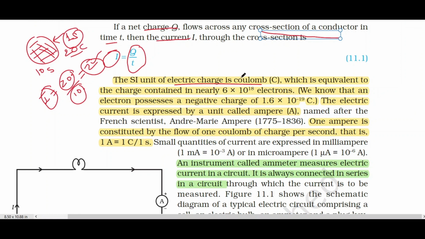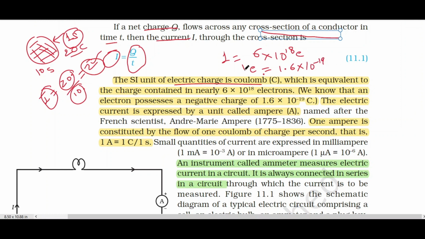तो ये जो कूलम है, what is 1 coulomb equal to? It is equal to the charge of 6 into 10 to the power of 18 electrons. Okay, how do we calculate what is a coulomb? तो हमें पता है कि 1 electron possesses a negative charge of 1.6 into 10 to the power of minus 19 coulombs. तो मान लीजिए एक इलेक्ट्रॉन का जो चार्ज है that is 1.6 into 10 to the power of minus 19.